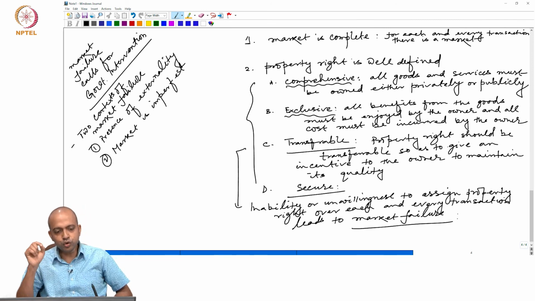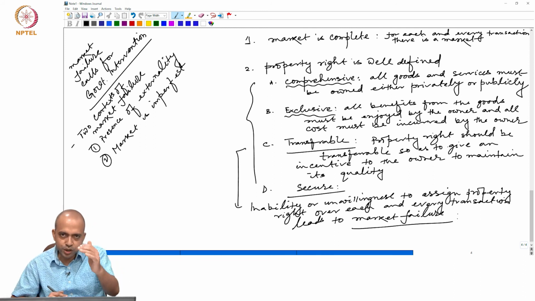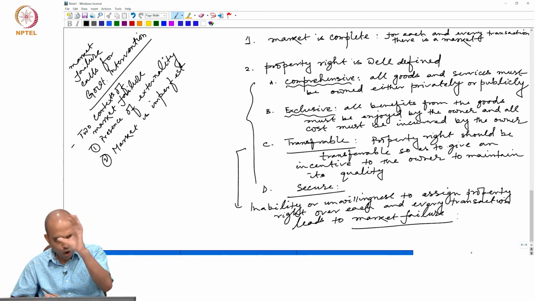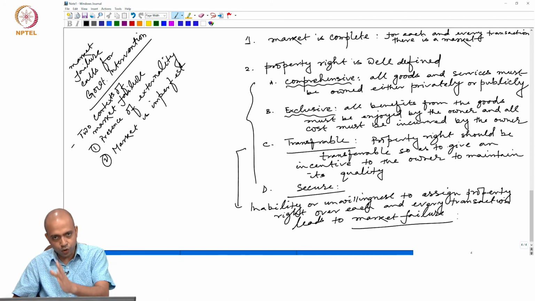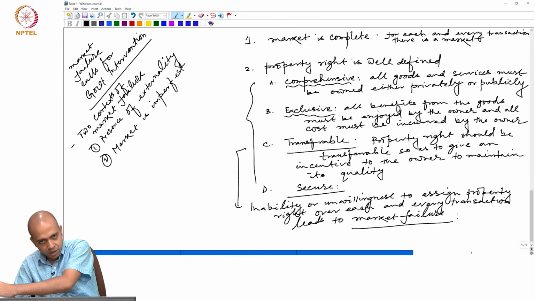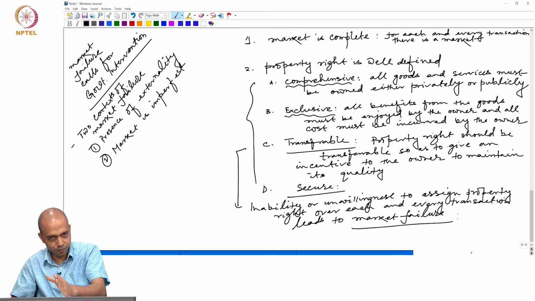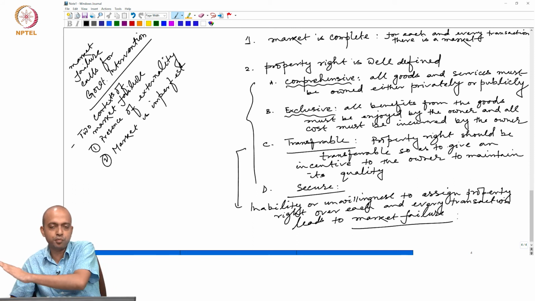So, there could be two types of externality, positive or negative externality. All sorts of environmental pollution are examples of negative externality. That means a firm is making pollution for which there is a third party who is suffering from the pollution, but the firm is not compensating.